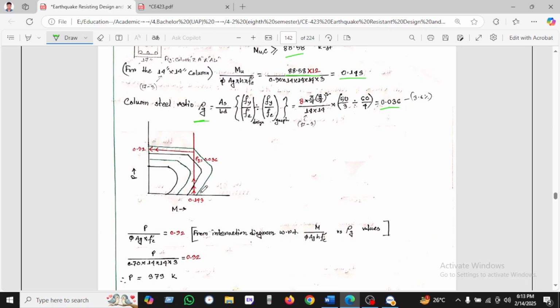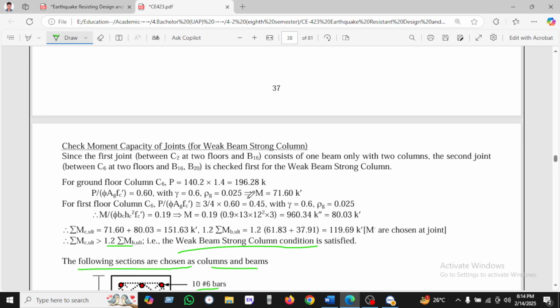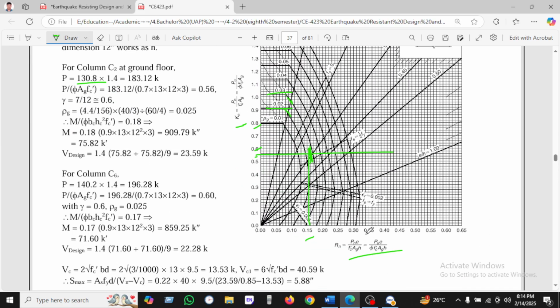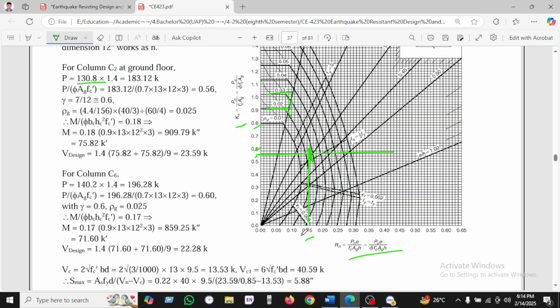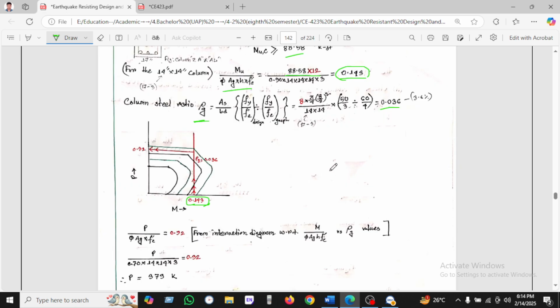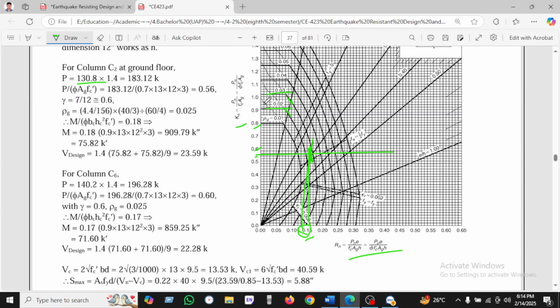So as we know, this 0.014 is from this diagram. If we know 0.143, then 0.143 will be here, and the rho is found 0.03, so the rho will be 0.03.